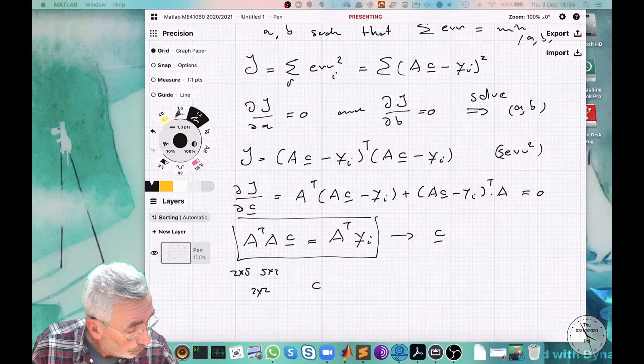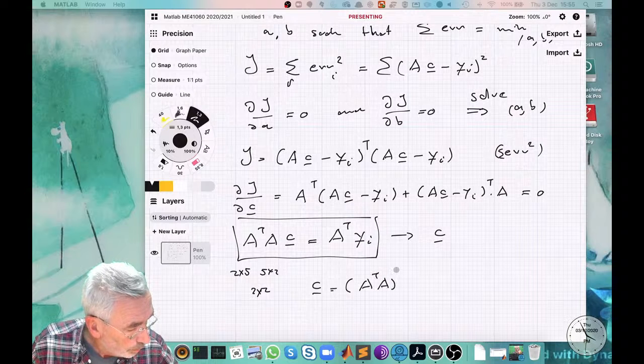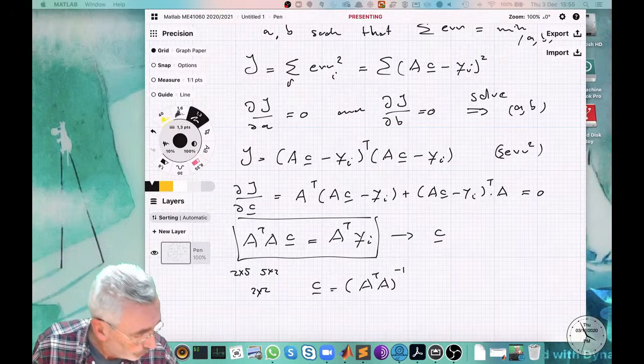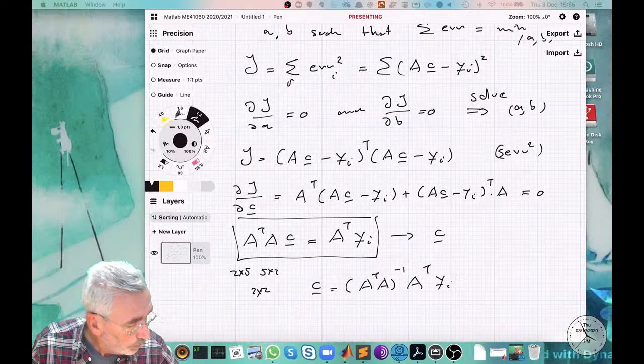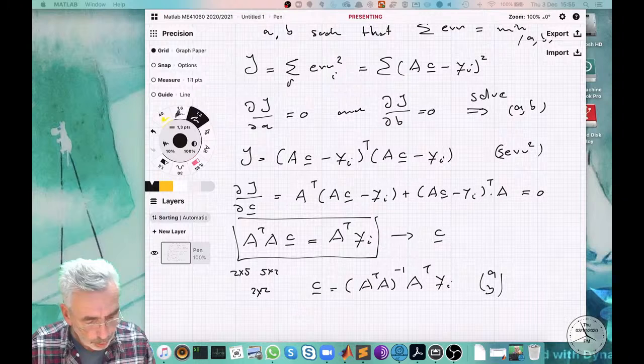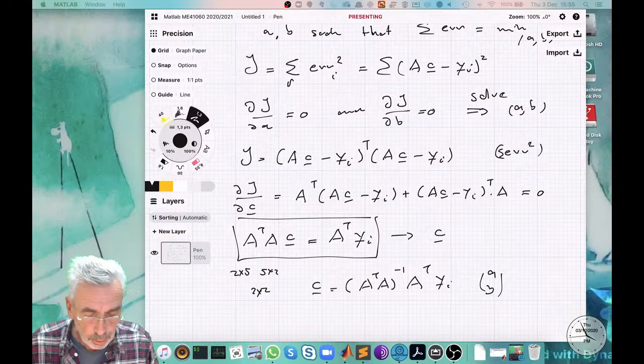So I can say C is A transpose A inverse, if it's regular, of course, that's another question, times A transpose y. And then I have my A and my B value, and then I can check how well that fits.